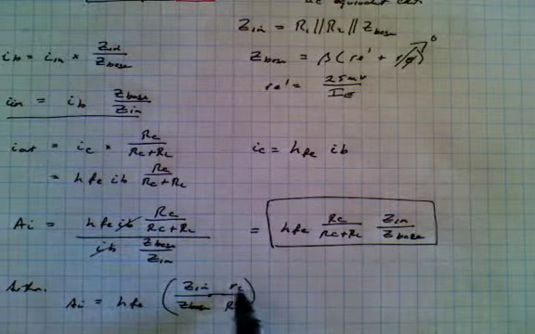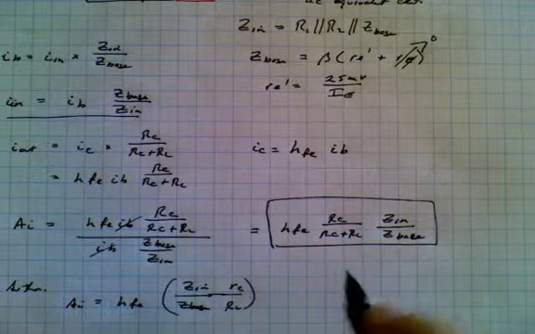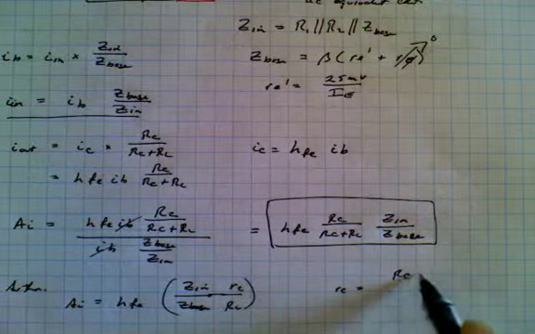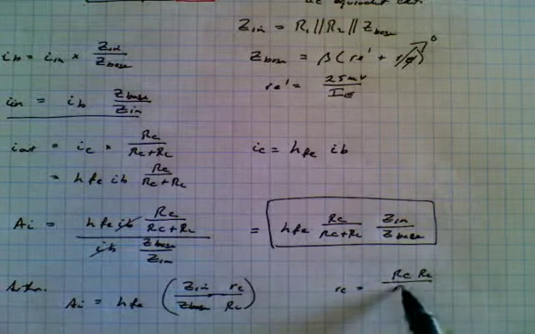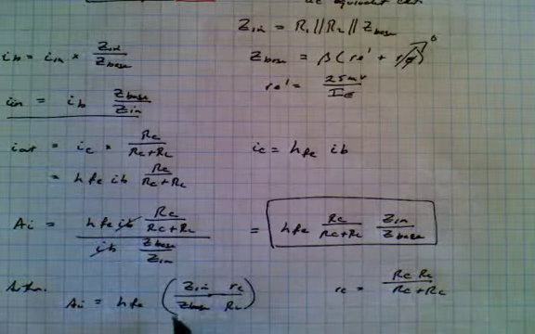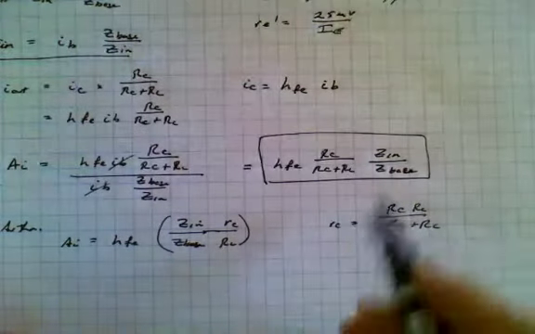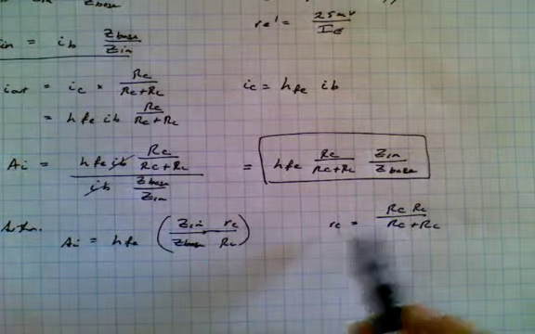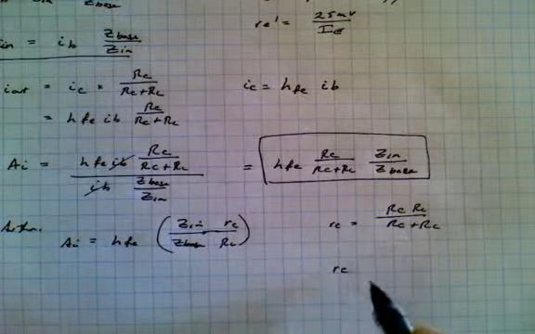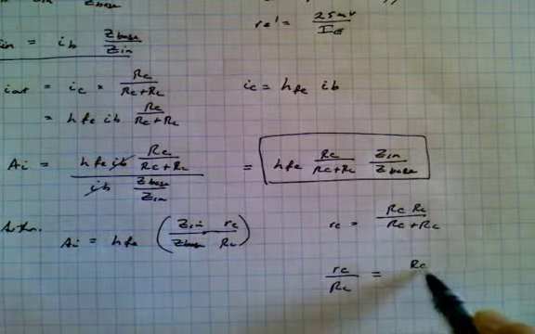Now this rc, small c over here, is in fact the AC resistance that the collector sees. So remember that rc is equal to RC times RL, the product, over the sum. And we can show that this equation and this equation are essentially the same by noticing that if we were to bring RL over to this side of the equation, we would have rc divided by RL is equal to RC over RC plus RL.